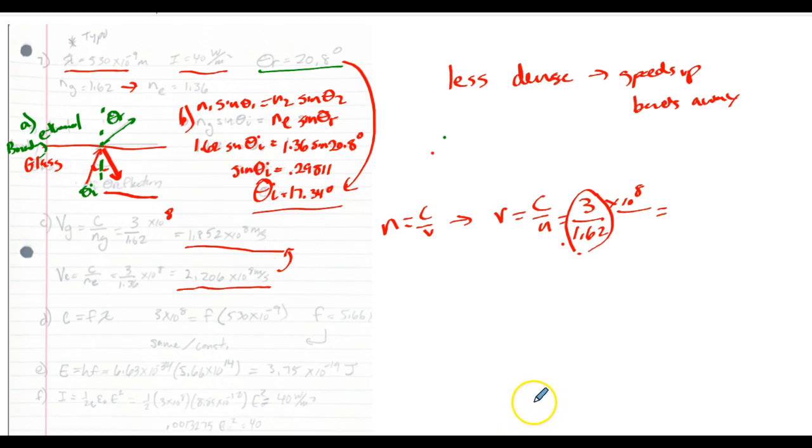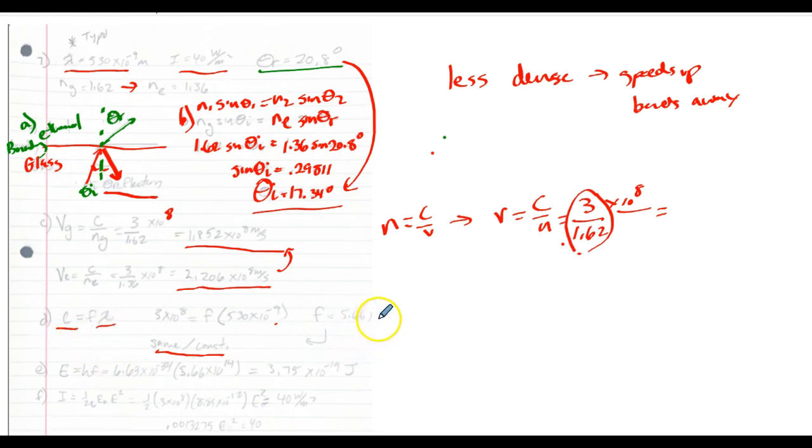It asks you to find the frequency. Frequency doesn't change. So frequency is a constant value. It doesn't matter what substance you're in. So if we started out and the wavelength in a vacuum is 530 times 10 to the negative 9, then we would just solve for f. So 3 times 10 to the 8th divided by lambda, the wavelength, will get you f.